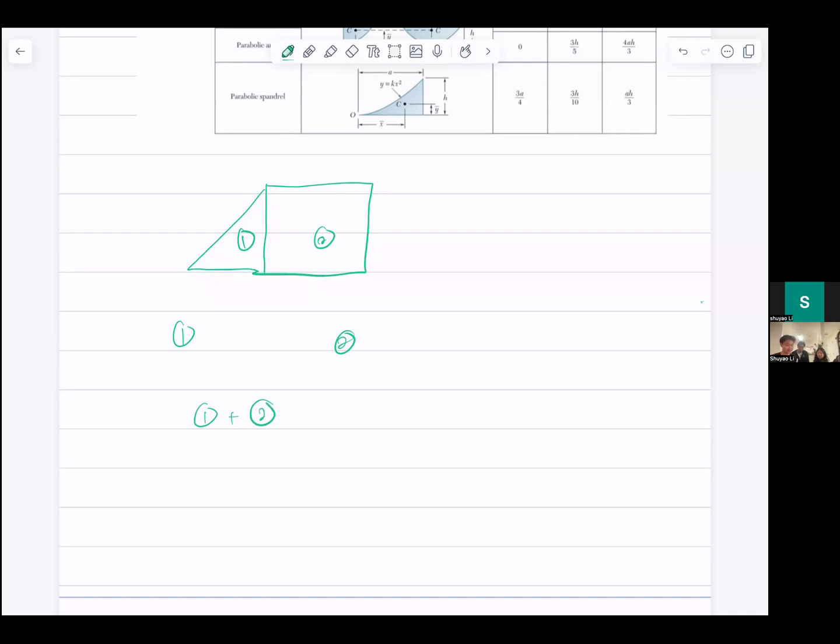But you should also use the equation. Yeah, and that's about it for the centroid. Okay, moving on to distributed load.